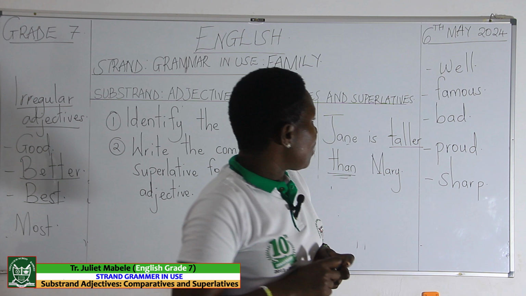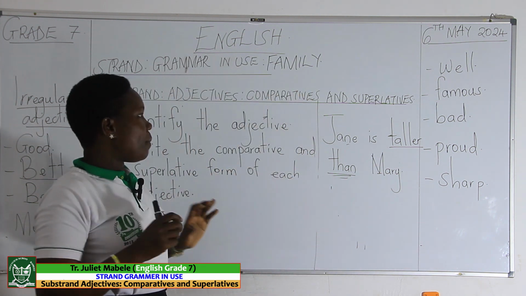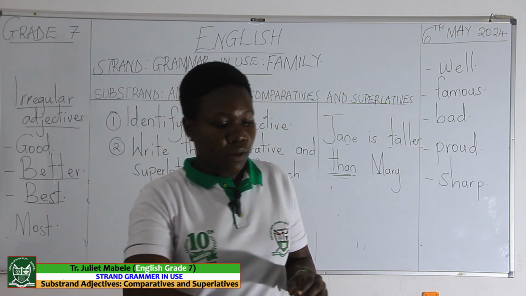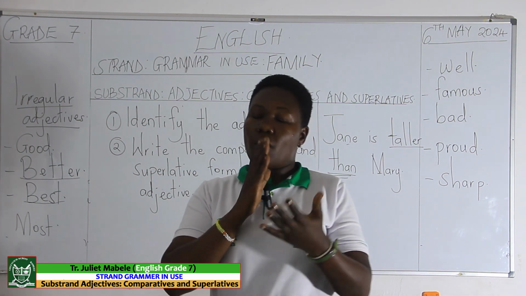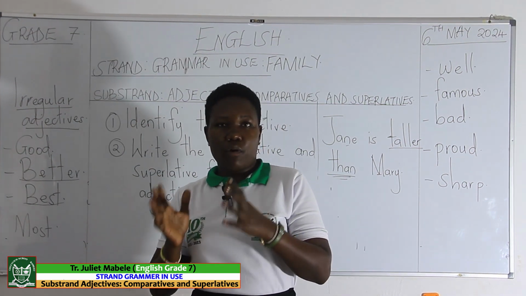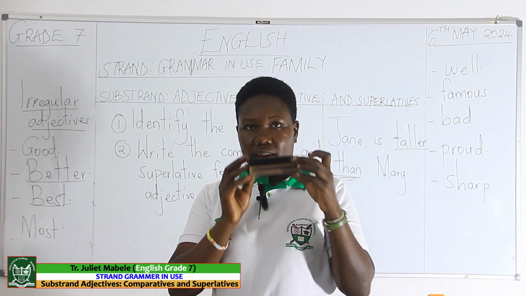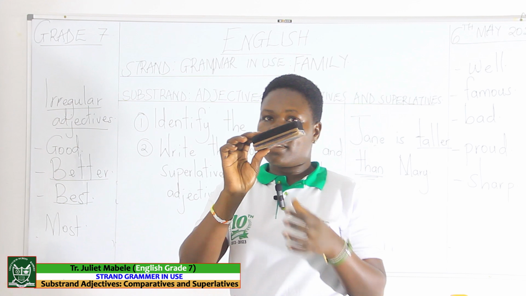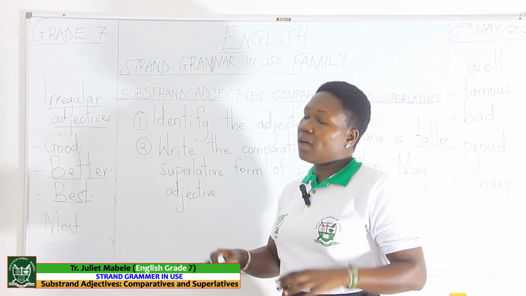So we will do this during our next lesson, but I just want us to have a recap of whatever we've learned today. So today we've said that an adjective is a word describing a noun or a pronoun, and we've given an example. For example, this is an eraser, so we can say a rectangular duster or eraser. Very good. Then we've also said that we have two types.